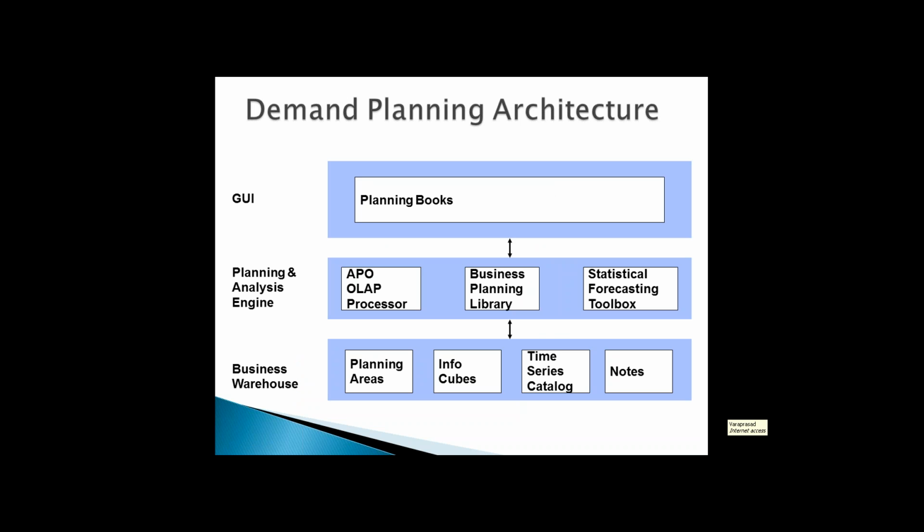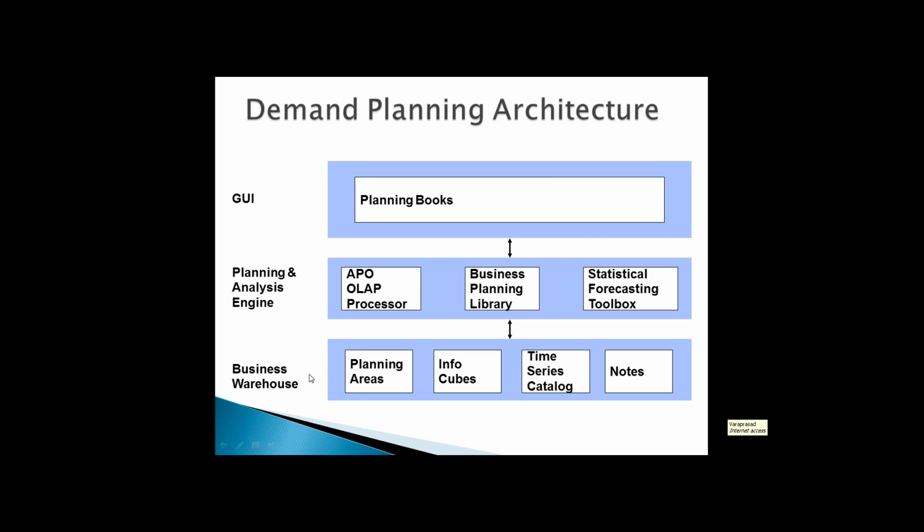Okay, this is the demand planning architecture. We'll come from the bottom, the business warehouse. Whenever you are dealing with DP, you have to do some business warehouse work. You have to create objects in the BW like planning areas, InfoCubes, time series catalog, and notes.